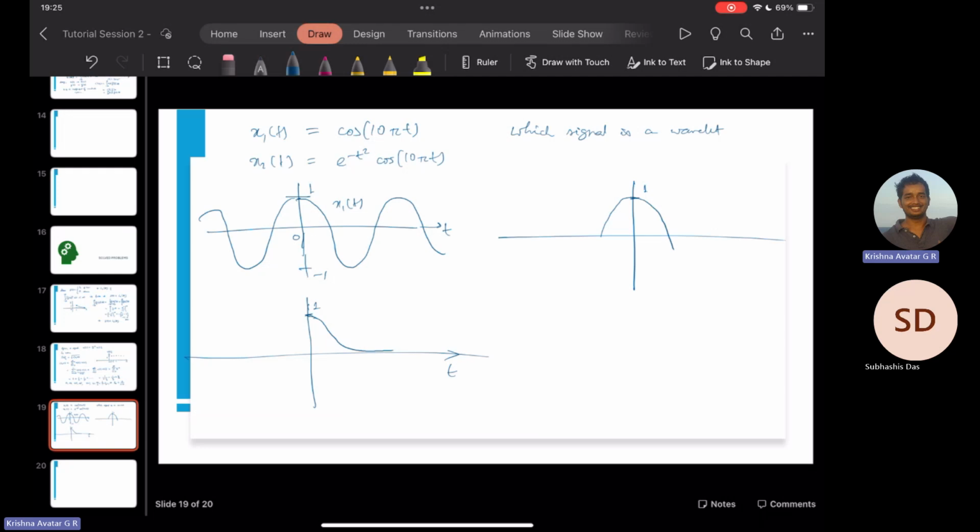Of course it will never be exactly 0, but it gets close to 0 very soon. Multiply both these signals, and that's what we get here. Because of this rapid reduction, it's going to rapidly die down.